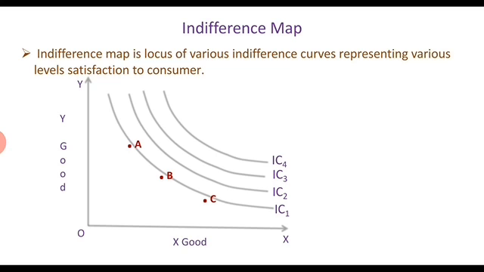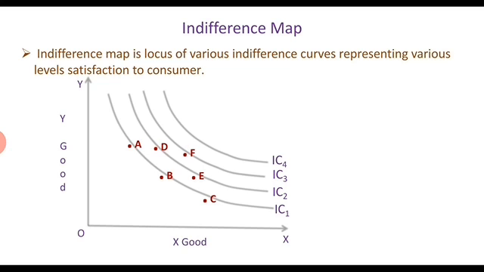A, B, C combinations on IC1 give the same satisfaction. D and E combinations on the IC2 curve give the same satisfaction to the consumer, but D and E on IC2 give more satisfaction than combinations A, B and C on IC1.